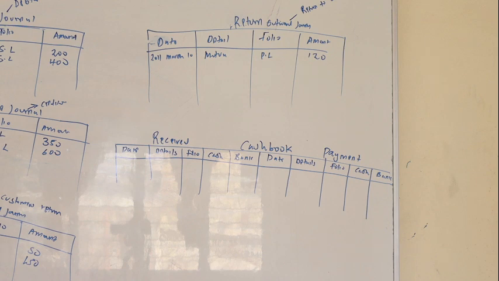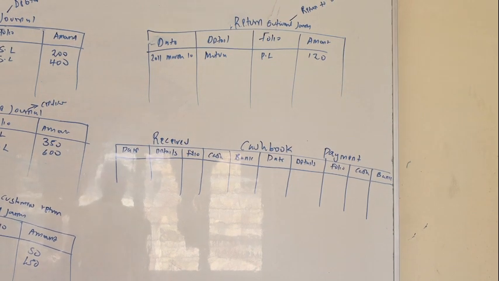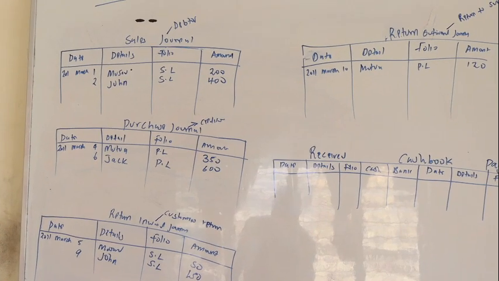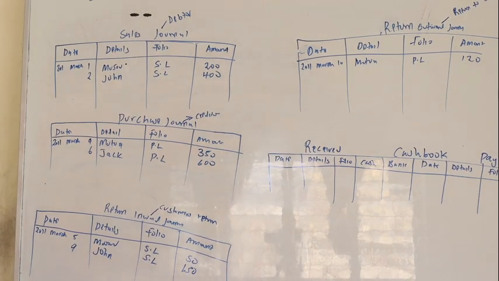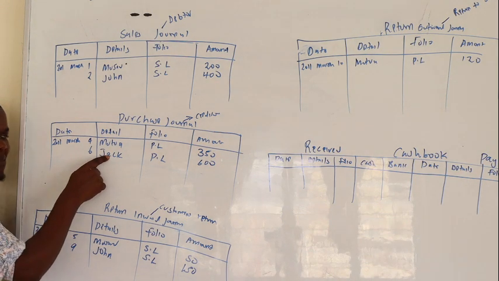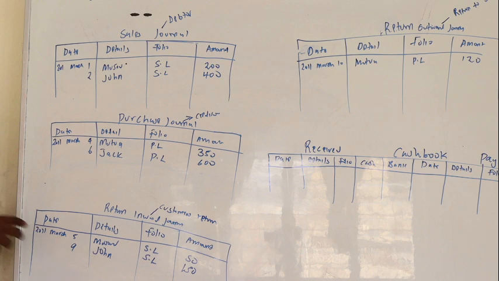So tarehe 12 we paid Jack shilling 50. Jack, out of our illustration there on the purchase journal, if you can look at the purchase journal, Jack was among the people whom we purchased from. So inamaanisha that we are paying.